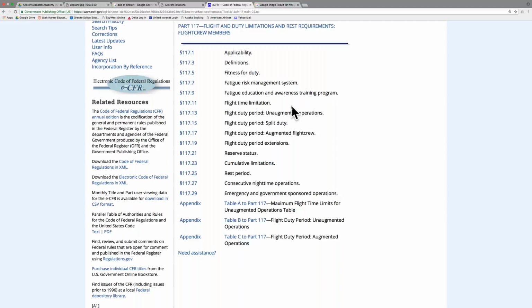Our crew support people can probably tell you more, but there are very strict rules on the amount of rest that pilots have to have, the maximum amount of time that they can be listed for duty time, and the amount of rest they have to have after they've completed so many hours of duty time is very strictly managed.